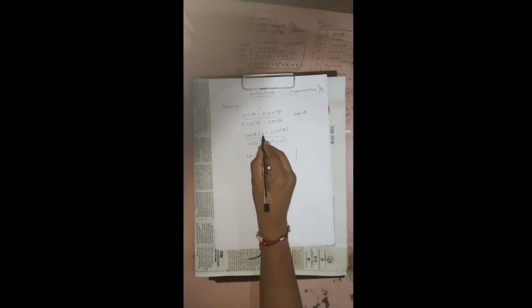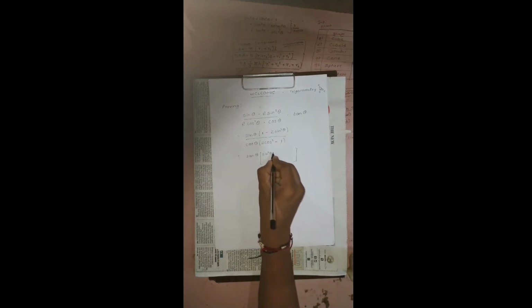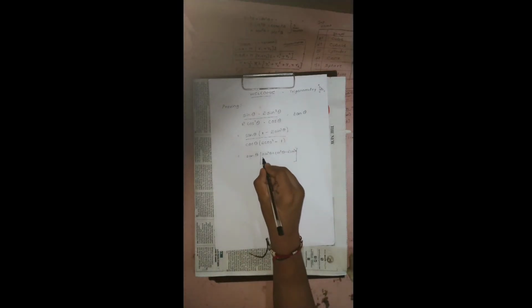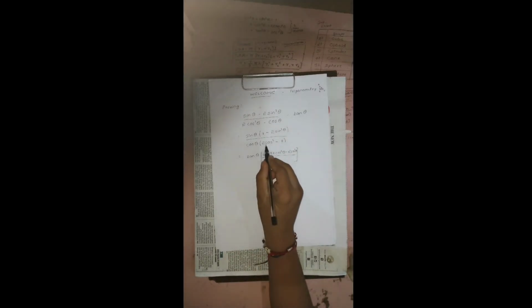See this. Here 1 we can write as sin square theta plus cos square theta, right? Because sin square theta plus cos square theta equals 1. You can say that it is an identity. So this is the same as this, minus 2 sin square theta, divided by, here also in the same way, 2 cos square theta, and minus.